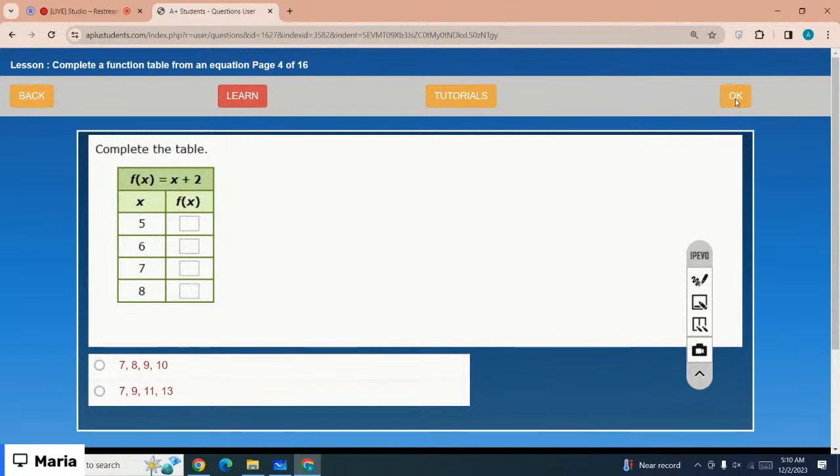Yes, the correct option is 7, 8, 9, and 10. Option number 1 is the correct option. Very good.